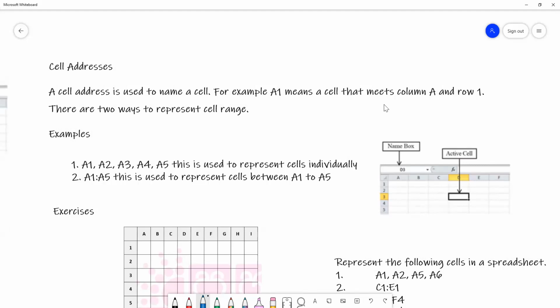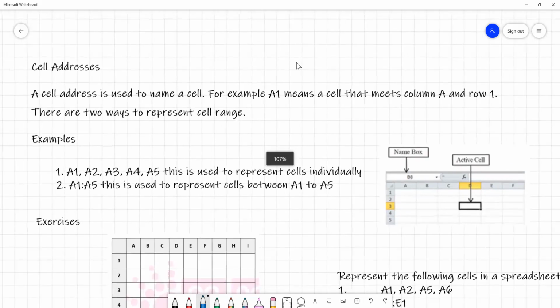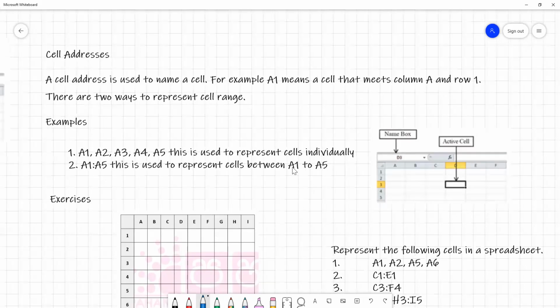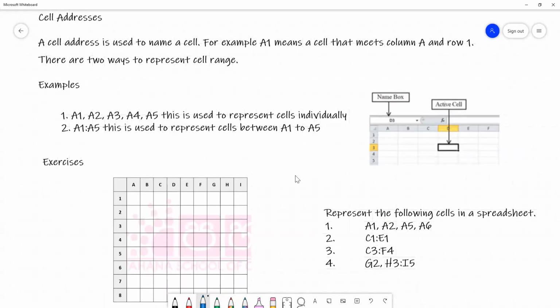And then when you want to specify multiple cells, there are two ways that we can do this. One, you can comma separate, meaning you can individually represent each of these cells. Right? For example, we have A1, A2, A3, A4, A5. That means you comma separate.